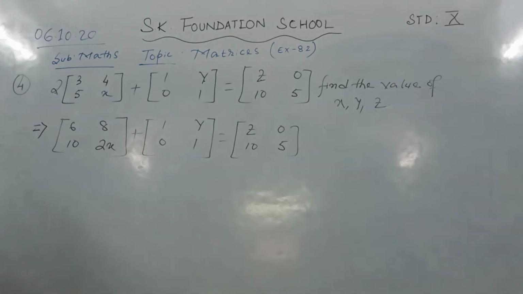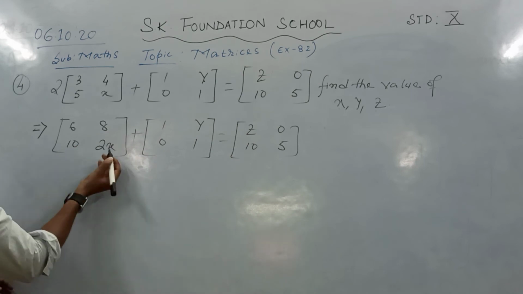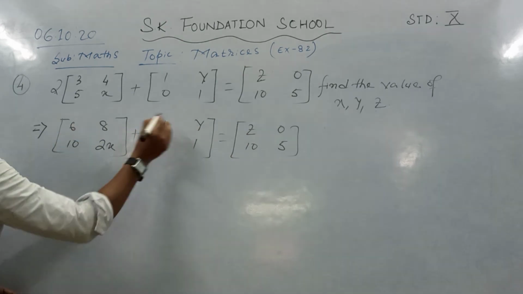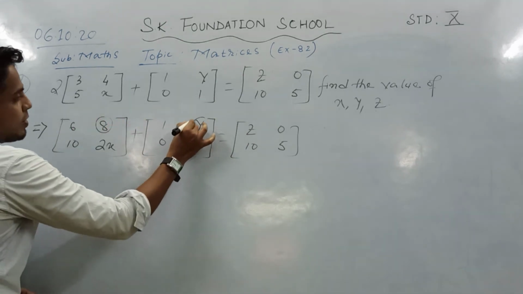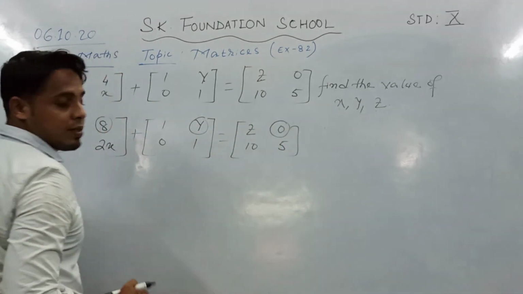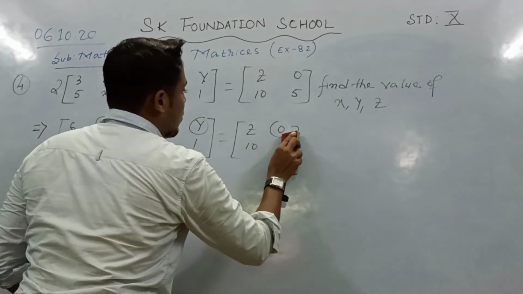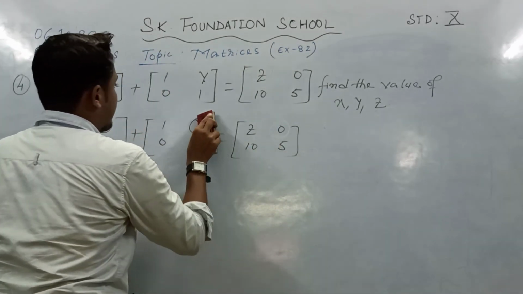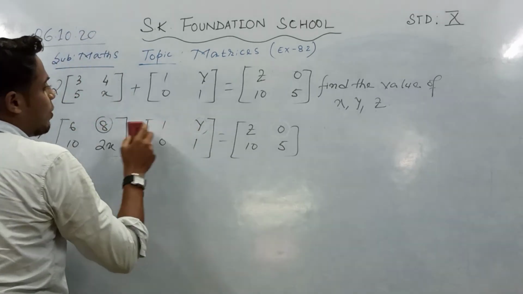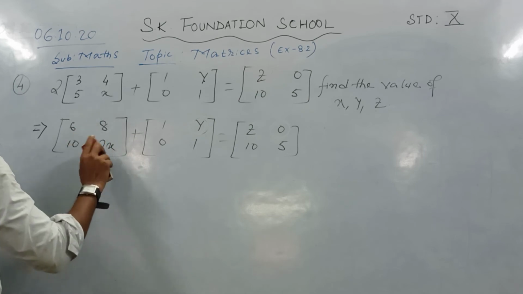Now we compare the positions. Look at it: this position and this position are equivalent, and this one also is an equivalent position. That's why first we add this 8 and y, then equate it with 0.